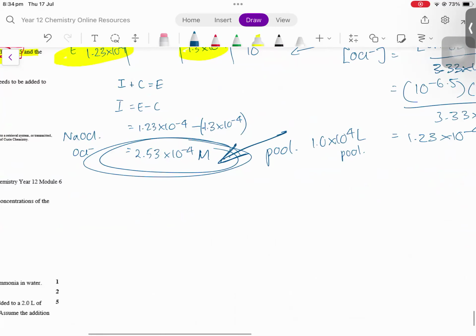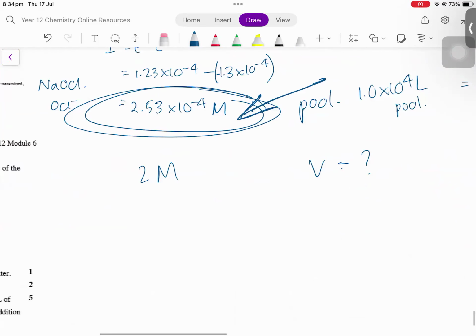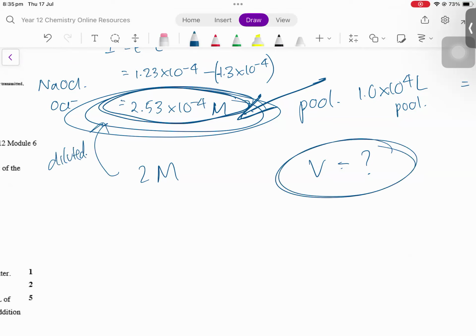So when you put that 2 molar solution into the bigger pool, the concentration gets diluted. That's why this number is so small. So the solution gets diluted as it goes in. They want the original volume.